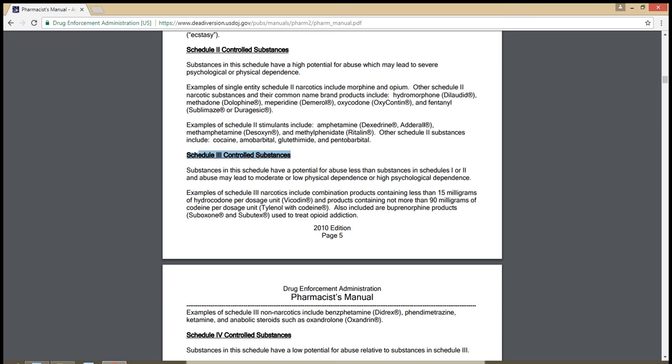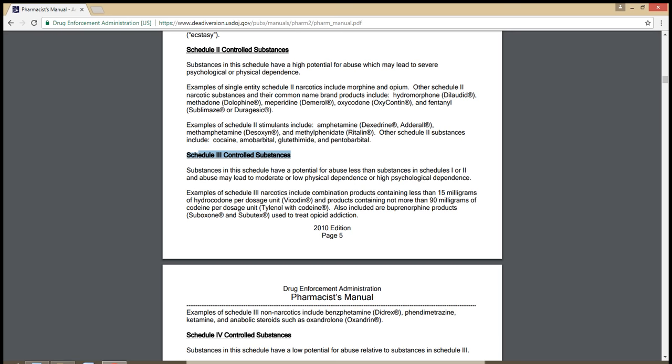But then if you take the codeine and you throw it in a combination with something else, which is usually acetaminophen or Tylenol. So Tylenol with codeine, known in the pharmacy as Tylenol number 3, Tylenol number 4. We see that in prescriptions. Tylenol with codeine is Schedule 3, but only under something that you really want to remember. It has to be 90 milligrams of codeine in that tablet, in one dosage unit, or less.